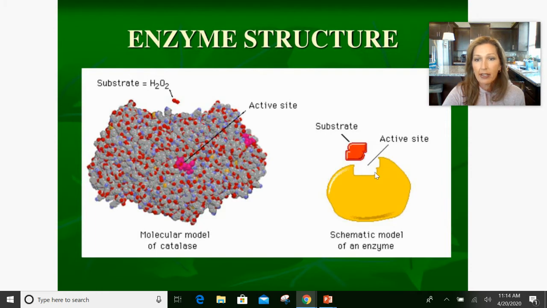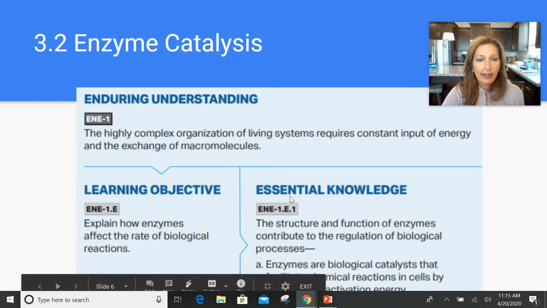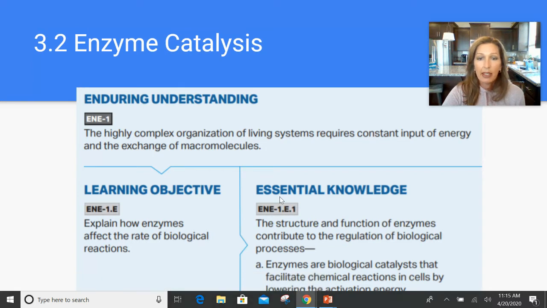The active site is the region that will collide with the substrate. The substrate is the reactant that the enzyme is going to help catalyze the reaction for. So remember your substrate and active site, they match as far as shapes are concerned. So those are the terms that we need to make sure that we are understanding: enzyme, substrate, and then also active site.